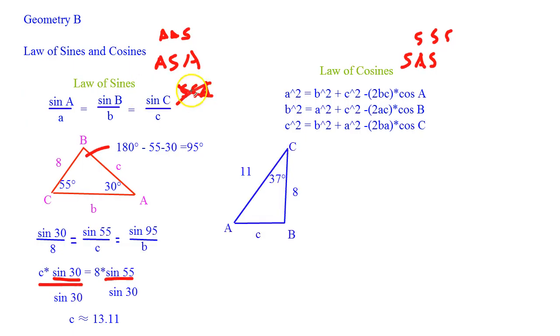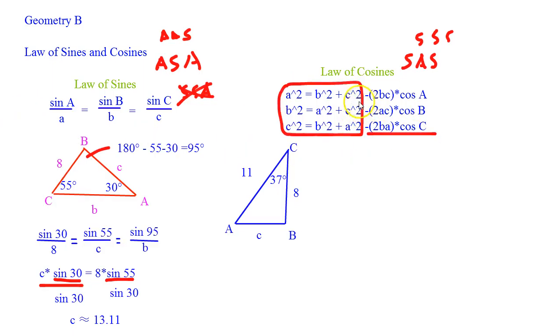Before we start on this problem, I want to look at the law of cosines. If you notice, the first part of each of these formulas looks a lot like the Pythagorean theorem, and that's because it kind of is. The extra stuff at the end helps us figure out the rest, and once again, long, complicated proofs are how you get those extra pieces, so we're not going to worry about that right now.